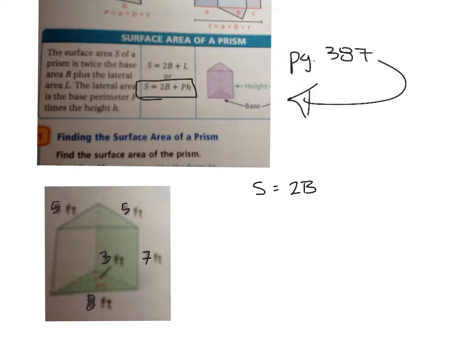So 2 times the base plus a capital P, which is the base perimeter, times the height. So base area, and this is the base perimeter, and then this is the height of the prism.